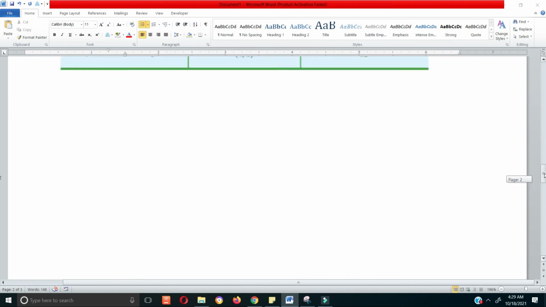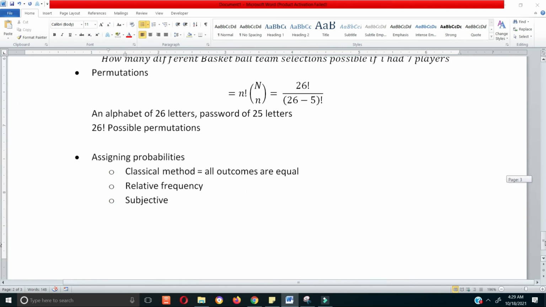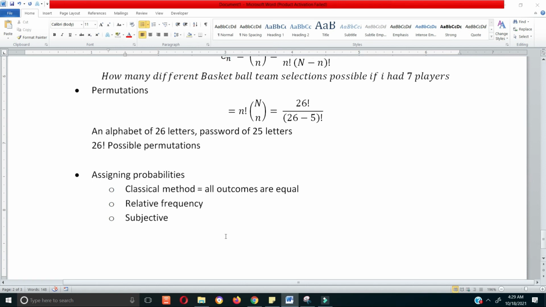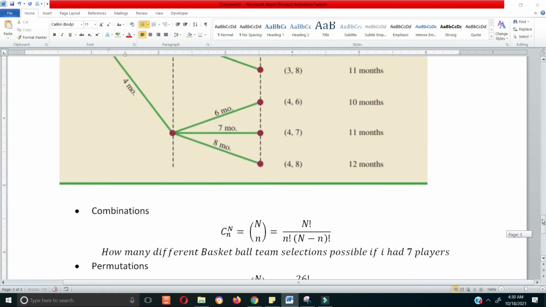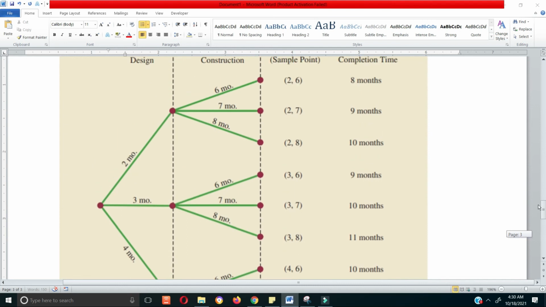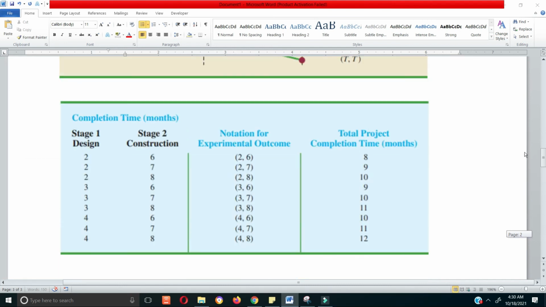Then of course you could have what we call a relative frequency approach, which is data driven. Essentially you have some data, then you infer the probability from that data. For instance, you have the number of months that it takes to complete a project. So if you're doing this kind of calculation, typically you actually use what you have observed.